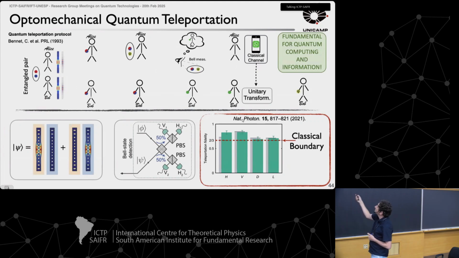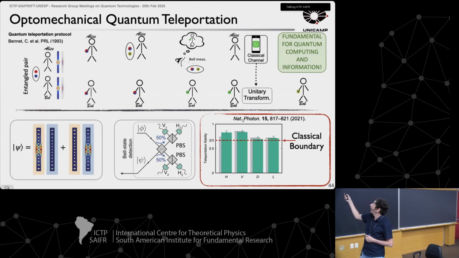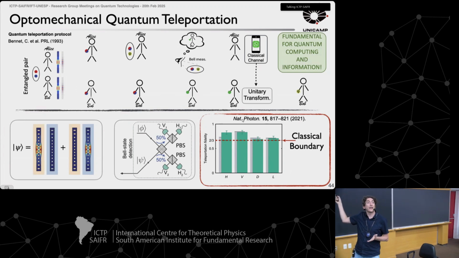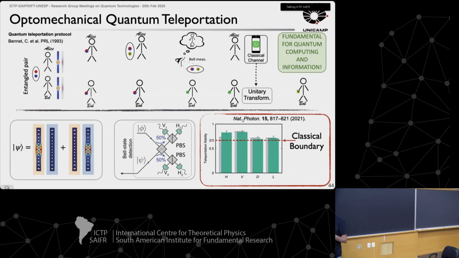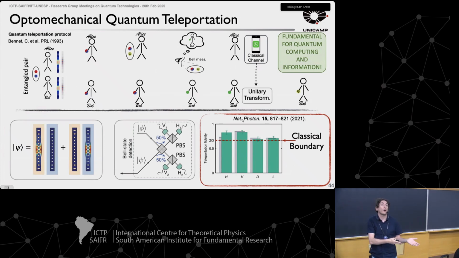What you do is mix Alice's state with an unknown state, and tell Bob through a classical channel what kind of measurement he has to do to recover the state. And we show that it's possible to do this with this device, where the phonon states are your quantum states that you are encoding and reading always through the optical channel. I think that's the important part.